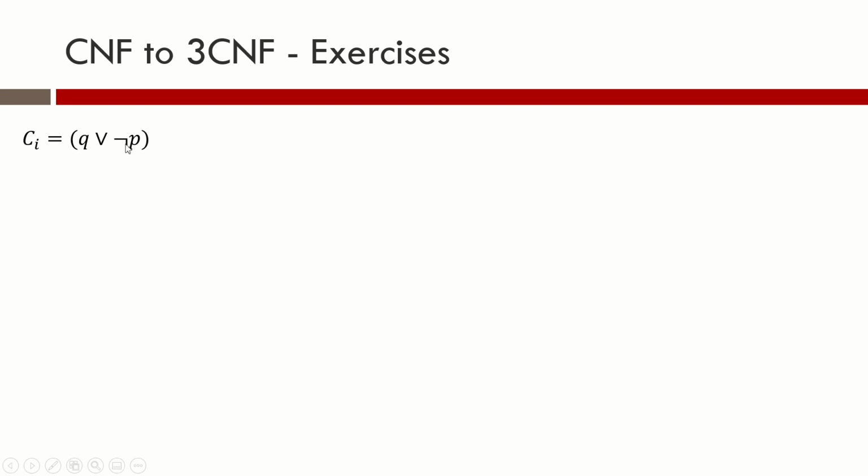So we need to add one new atom, say Pi1, and we will transform this as Q or negation P or Pi1 and Q or negation P or negation Pi1. So if Ni equals 2, we add one new atom and transform Ci into this form. Here each disjunction has 3 literals.